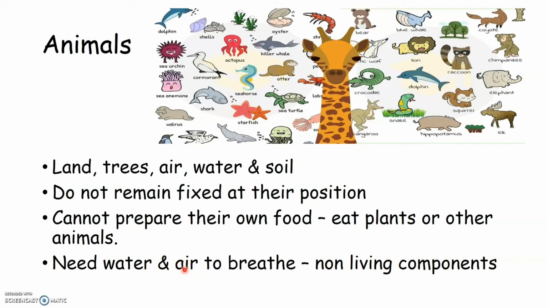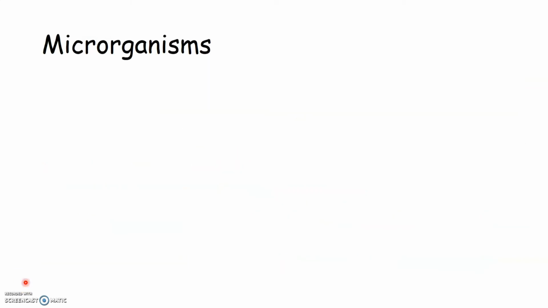Now they take in oxygen and they give out carbon dioxide during the process of breathing. So here we have seen that animals also depend on other living components and they depend on non-living components also for their survival. Now let us have a look at microorganisms.